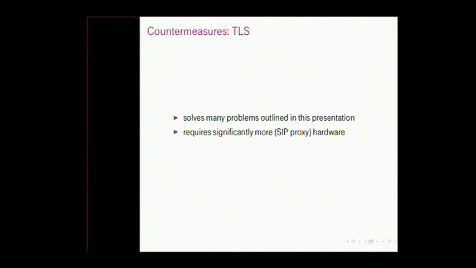And the point with it, it's TCP, so failover isn't that easy anymore, and it requires significantly more hardware. I've questioned this, but all the vendors we've talked to said, okay, you need twice the number of boxes, and that was it about TLS.